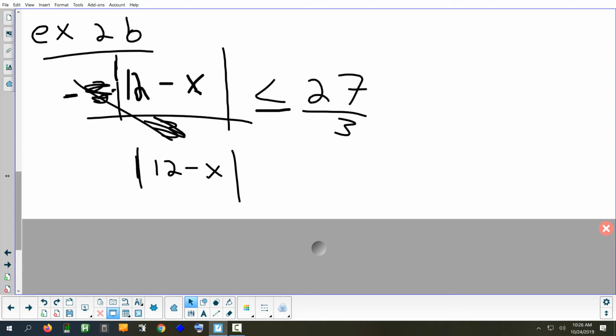If this was a negative and you divided by a negative, now when you flip it and the bars are by themselves, it becomes an or. So this is the step you would look at to see if it's an and or an or. It's a little tricky when you don't have the absolute value bars by themselves. Get the bars by themselves first. But this time we divided by positive 3, so no flip.